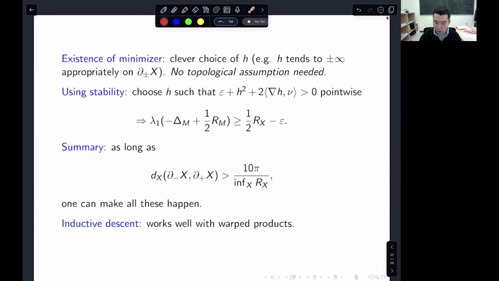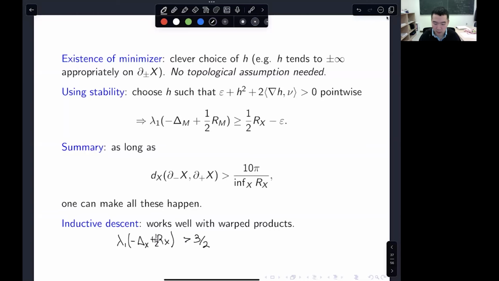Namely, it also works if, instead of assuming R is pointwise larger than 3, which is our assumption to start, we instead assume that the scalar curvature is positive in the integral sense.